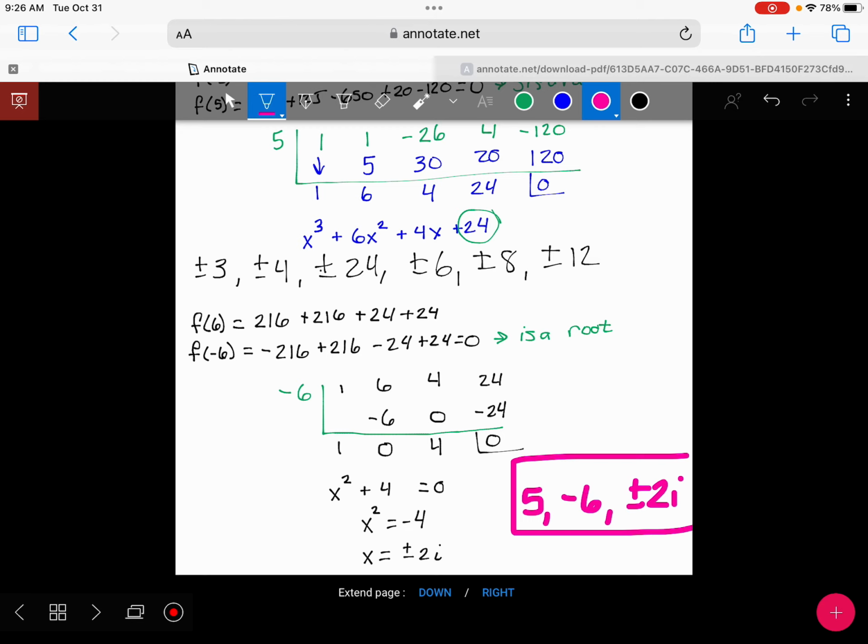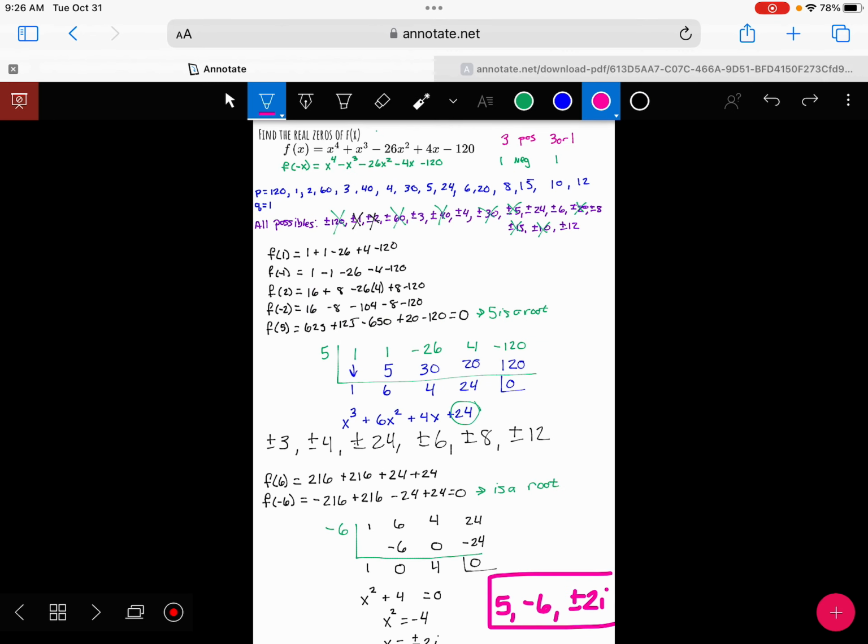Remember at the beginning we said negative can only go beyond the 1. So how can we have a plus or minus 2i with a negative side? Because the plus or minus 2i is not real. It's complex. So the positive and negative only deals with the real roots.